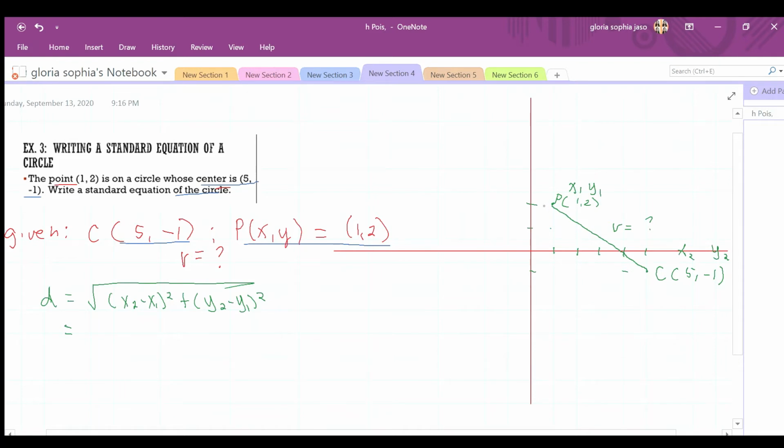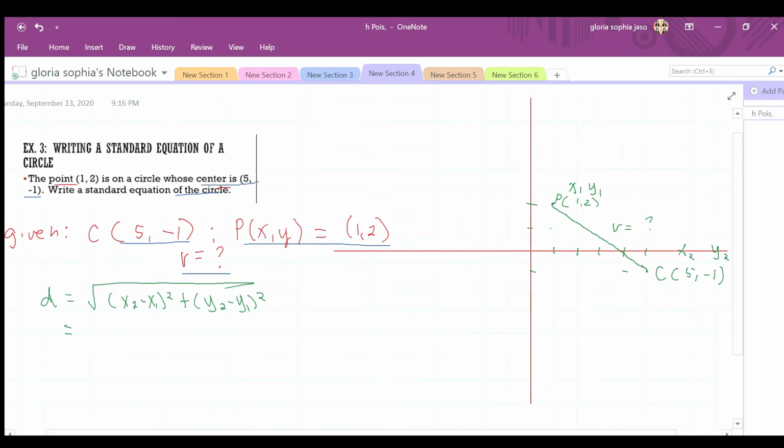So, by definition ng circle, sabi niya, from any point on the circle to the center is the constant distance. Yun yung radius natin. So, kunin natin yung radius para makuha na natin yung r dito. Para makapag-write tayo ng equation. So, gagamitin natin yung distance formula na ginamit natin kanina sa derivation ng circle.